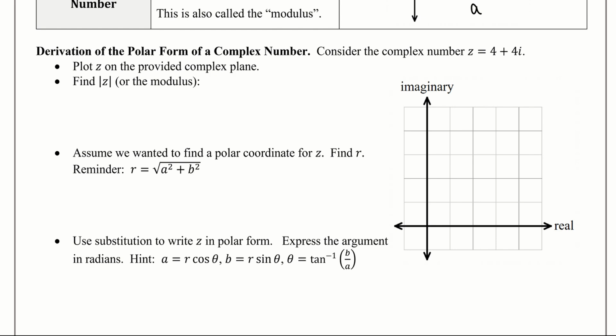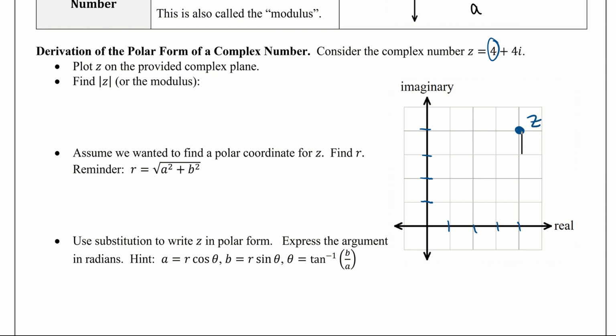Let's say we're looking at the complex number 4 plus 4i. I'm going to start by plotting this on the complex plane, where again, the horizontal axis is the real axis. My real component is 4. And then my vertical axis is the imaginary axis, and my imaginary component 4i would be up, positive 4 as well. So this is the location of z.